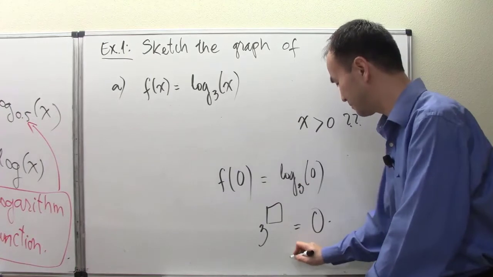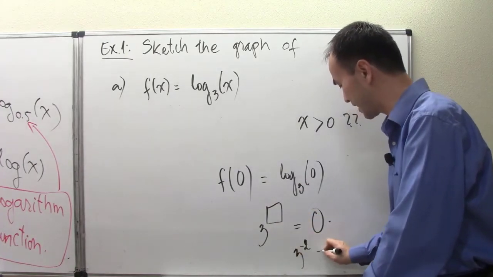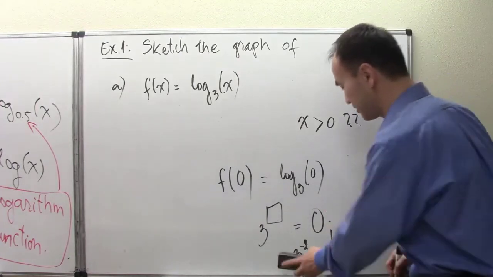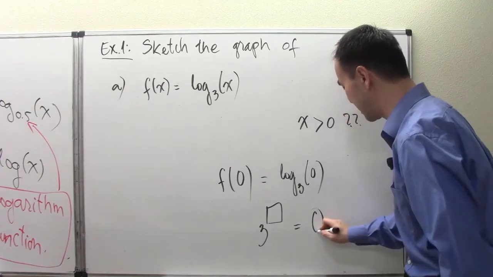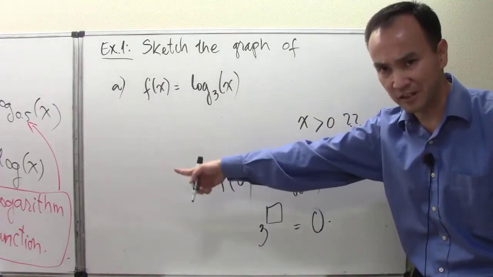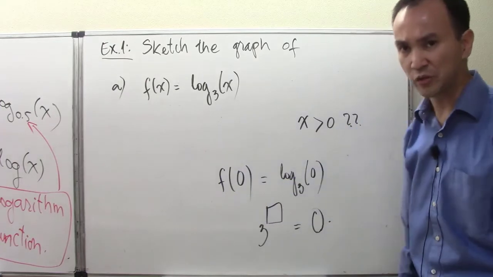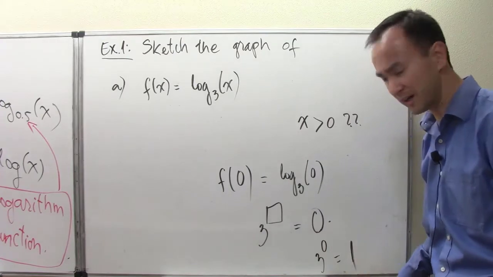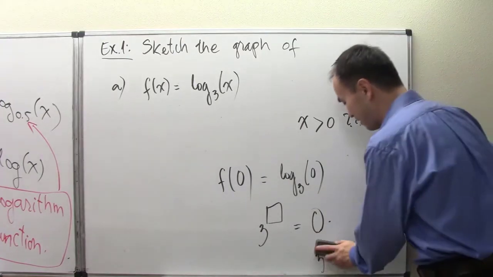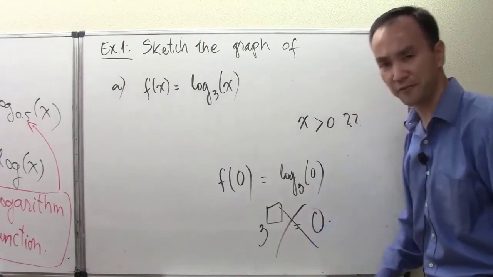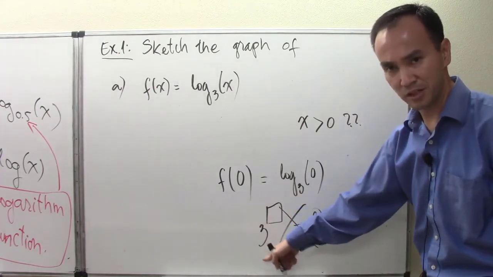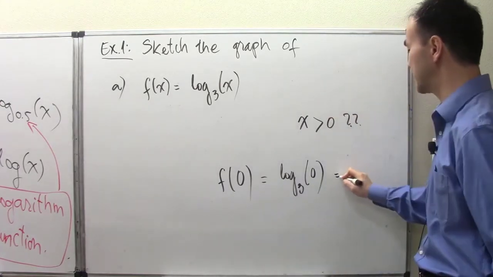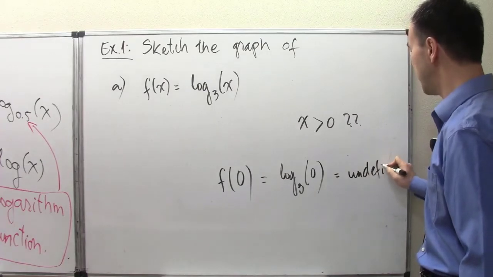A negative power, like negative 2, gives me 1/9 algebraically, but 1/9 is not equal to 0. Any other negative value, no matter how large a negative value we choose, still won't equal 0. How about 3 to the 0 power? It equals 1, not 0. So clearly there's no way. We can't find a power that 3 raised to equals 0. So again, this is another undefined output value.